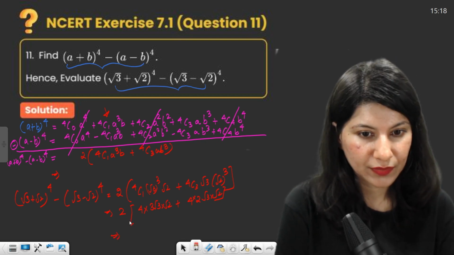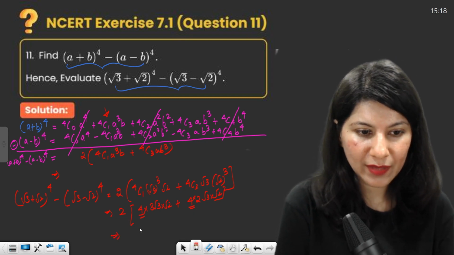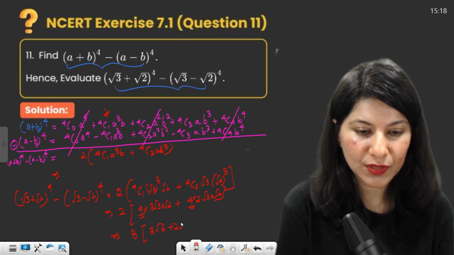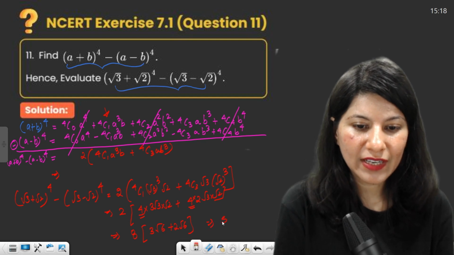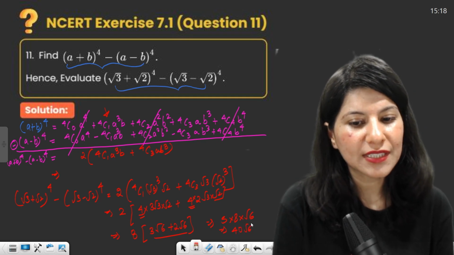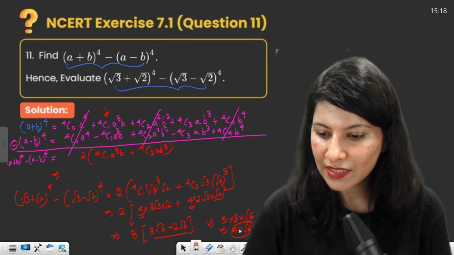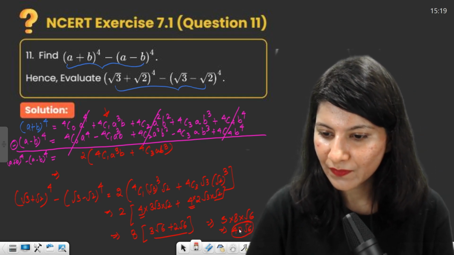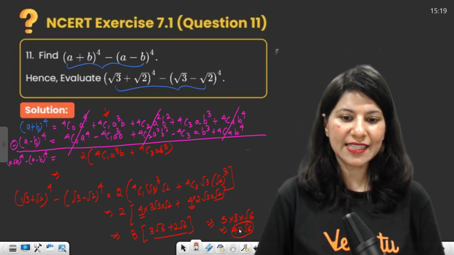Now 4 and 4 can be taken out, 4 times 2 is 8 can be taken out, then we have 3 root 6 plus 2 root 6. So finally 5 into 8 into root 6, because this is 5 root 6. 5 times 8 is 40. 40 root 6 will be the final answer of this question. Okay, 40 root 6, yes.